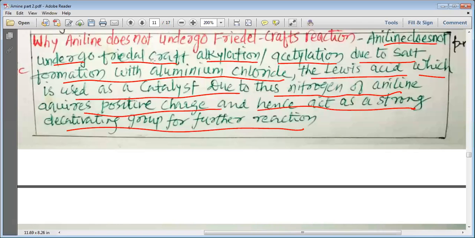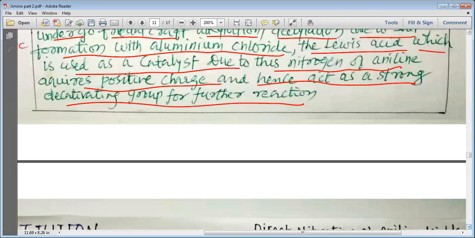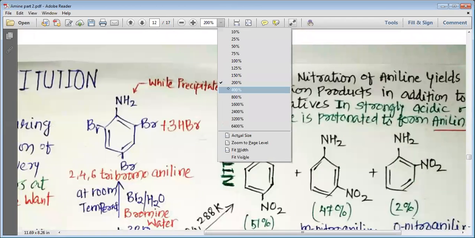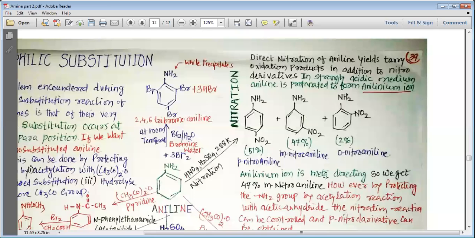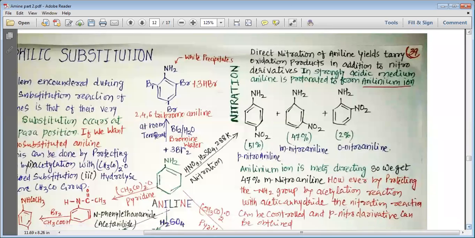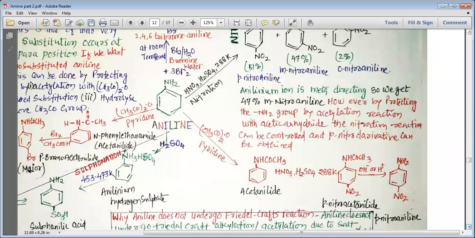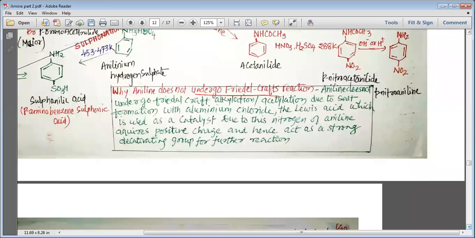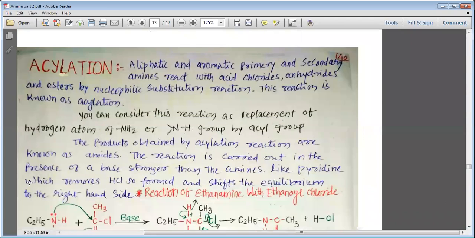So my dear students, due to the salt formation with aluminium chloride, Friedel-Crafts alkylation or acylation is not possible for aniline, and that is why aniline does not give any kind of Friedel-Crafts reactions.